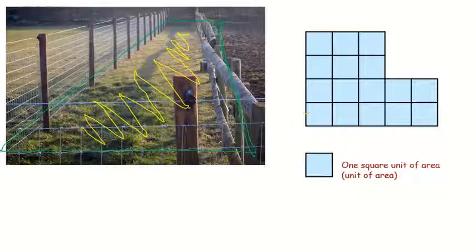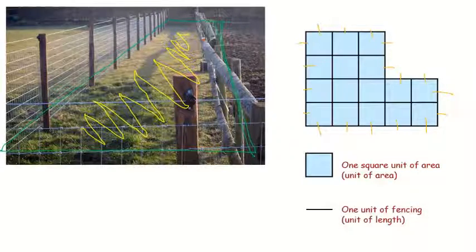And what I'm doing now, as you can see, is a very common way for recording how children usually count the perimeter, but be careful with the corners. So here we are measuring the actual measuring sticks themselves. So 1 square unit of area here is a unit of the area, and 1 unit of fencing, which is a line, is the unit of length.